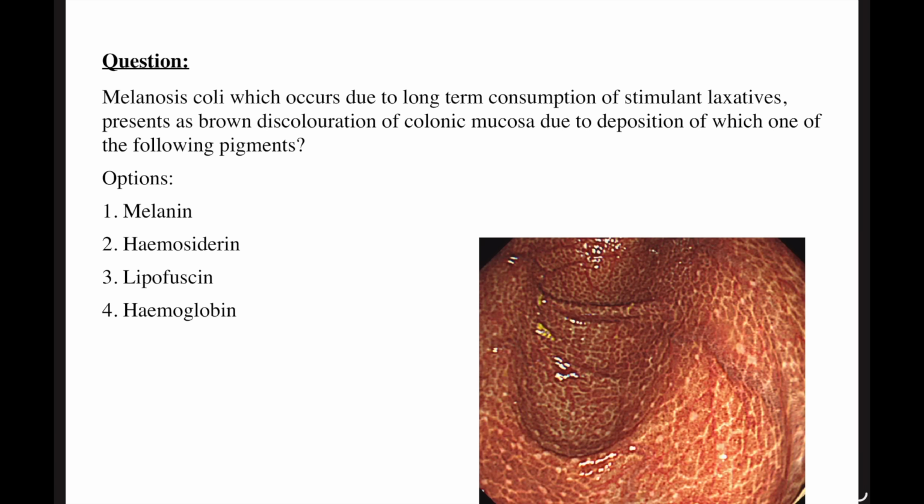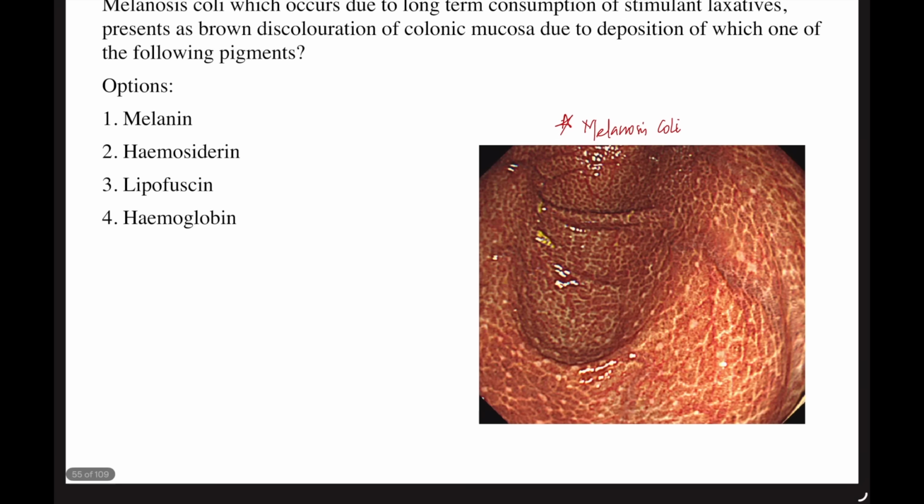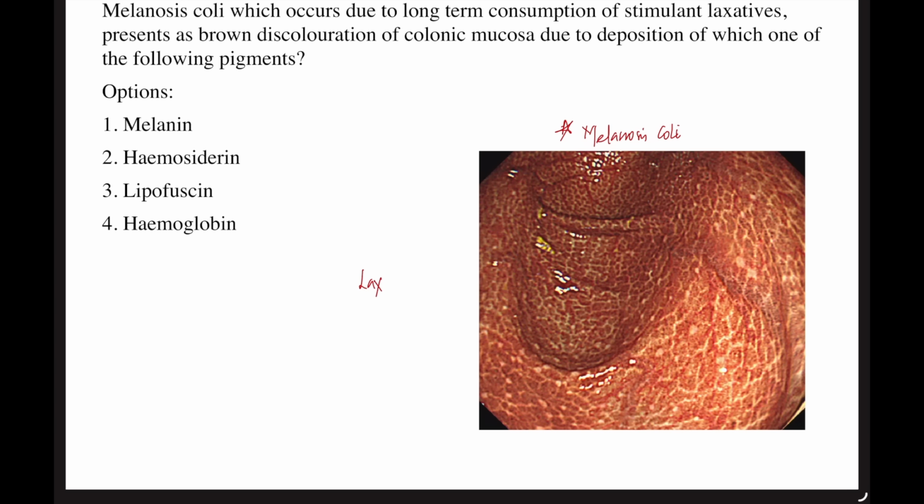Now, if you see an image, this is not a spotted question, because image-based questions are never asked in the exam, but this is melanosis coli. This is an interesting condition, because when we give laxatives, if there are addicts of laxatives, if they are given for long-term consumption, what happens?